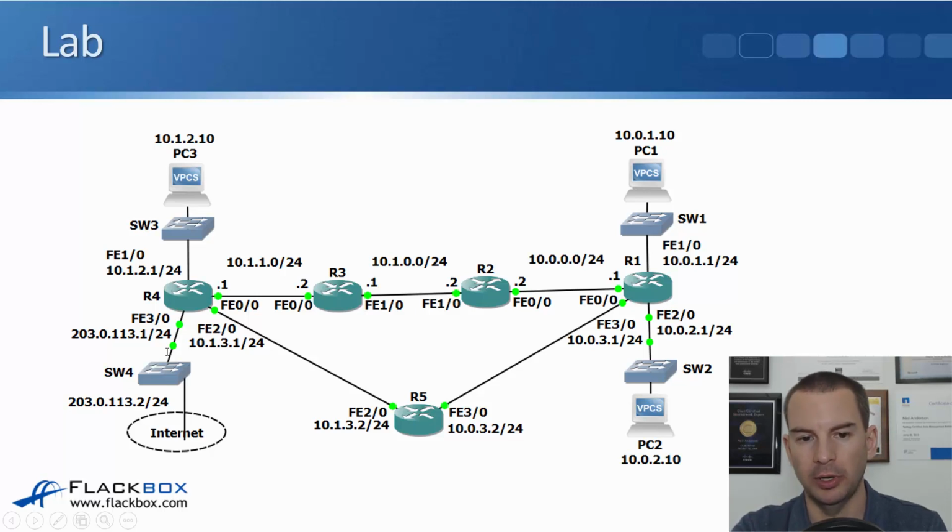On R1, I'm going to configure it with two different paths to get out. I'm going to configure a path via R2, and I'm also going to configure another route via R5, and then the router will load balance between them. So when you want to do load balancing, the route and the prefix have to be exactly the same.